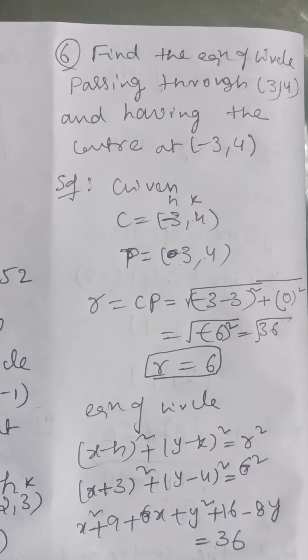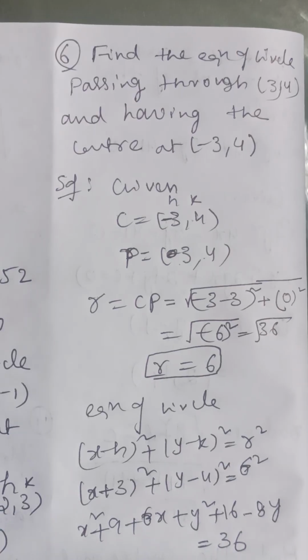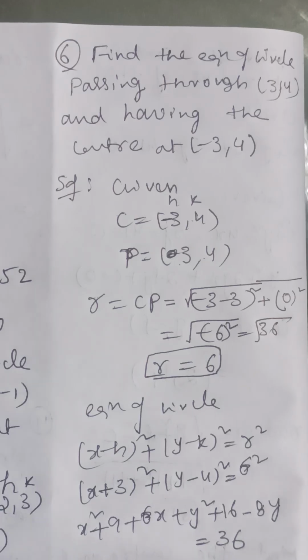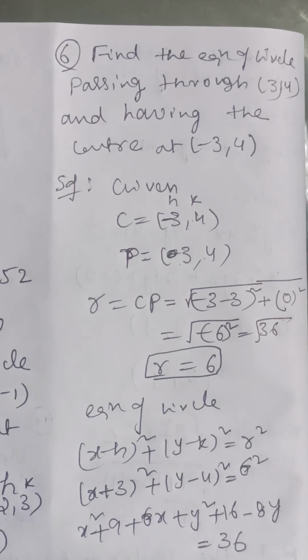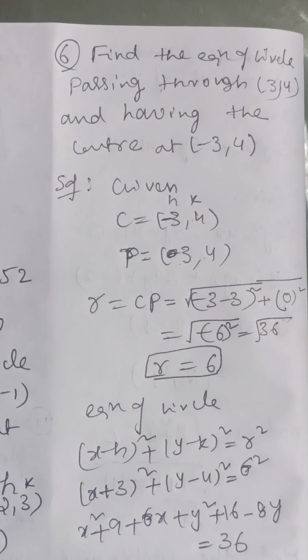So x square plus y square plus 6x minus 8y plus 9 plus 16 minus 36. 9 plus 16 is 25. 25 minus 36 is minus 11 equal to 0. So this is the required equation of circle.